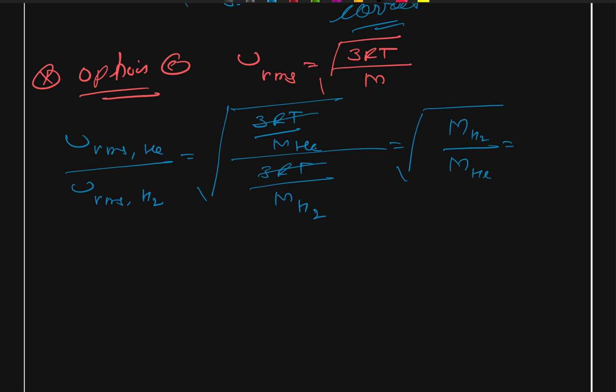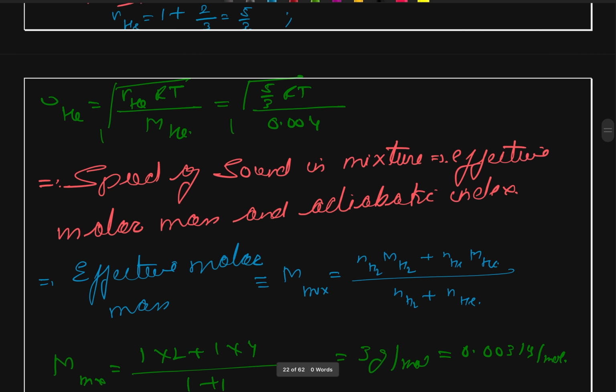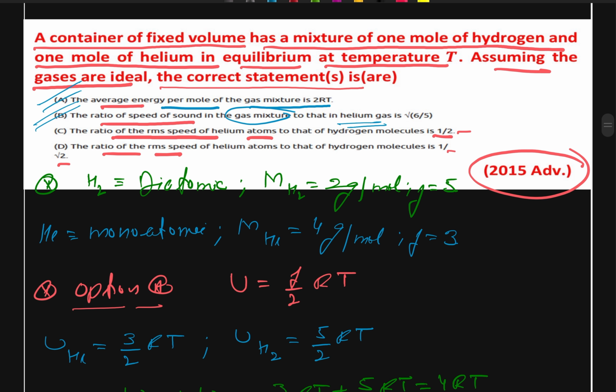So this comes as the square root of 2 upon 4, which will be equal to 1 upon square root of 2. So option C is incorrect, but option D is correct because it is written 1 upon square root of 2.